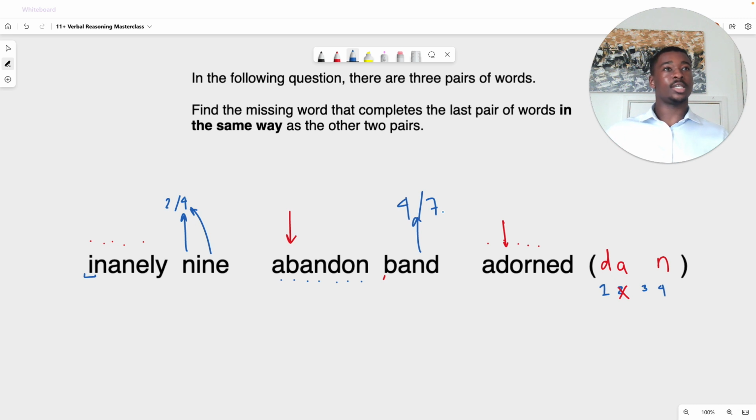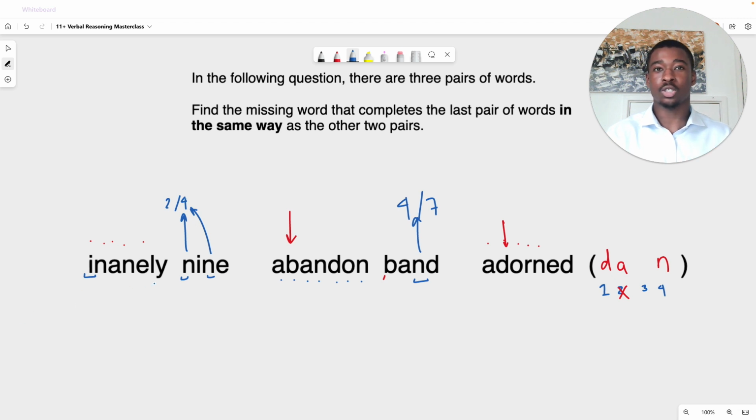But now can you see something? Although we have two codes, one code for N here and codes for N over here, we can actually use these codes to work out the true position of the third letter.